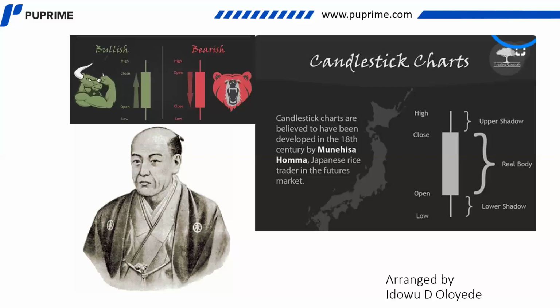And if a bear wants to attack, it prefers to attack its prey by pinning them down and tearing the prey. So a bearish candle opens at the top and closes below. Let's say the candle opens at 10 naira or 20 naira, which is the open price, and closes at 5 naira. This type of candle has dropped.